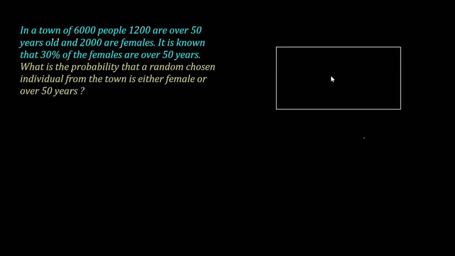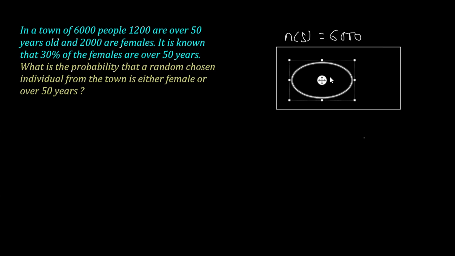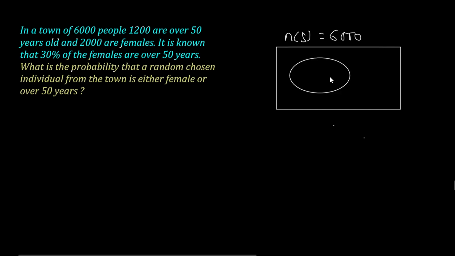Let's say this is the total number of people, n of S, which is 6,000. And then, let's say I take this as people above 50 years old, and the other I should make female.